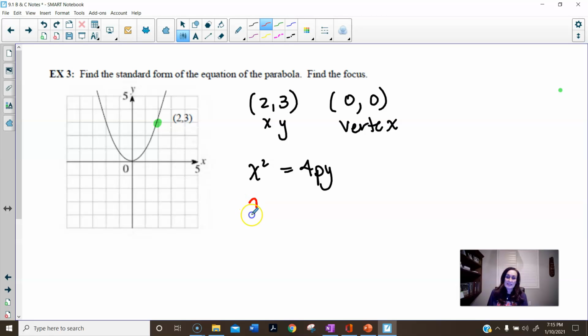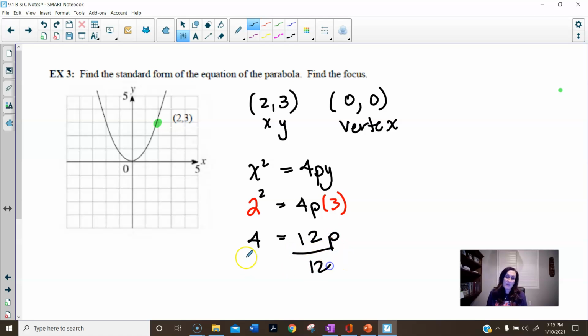So when I plug in x, that's a 2. So this will be 2 squared is equal to 4 times p times y, and y happens to be 3. So 2 squared is 4, which equals 12p. Divide by the 12, and you know now that p is 1/3.